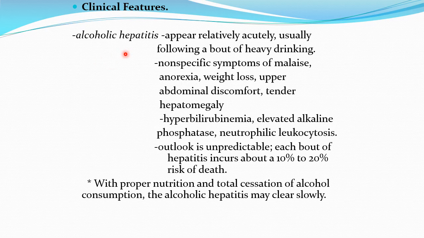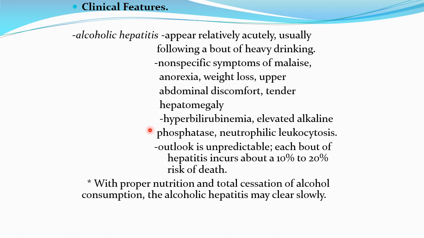Then hepatitis. If hepatitis develops, it is relatively acute, usually following a bout of heavy drinking, and there are non-specific symptoms of malaise, anorexia, weight loss, upper abdominal discomfort, and tender hepatomegaly. When we do the investigation, there will be hyperbilirubinemia, alkaline phosphatase will be increased, and neutrophilic leukocytosis because of the infection.